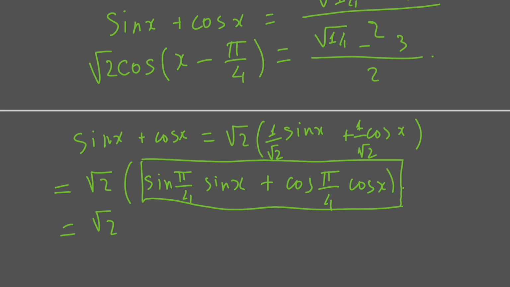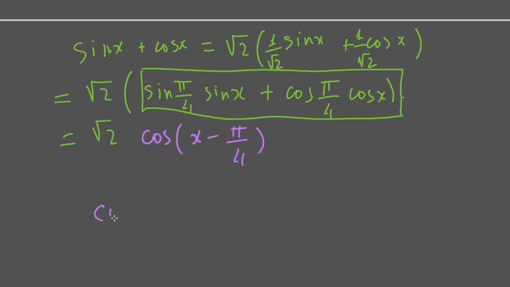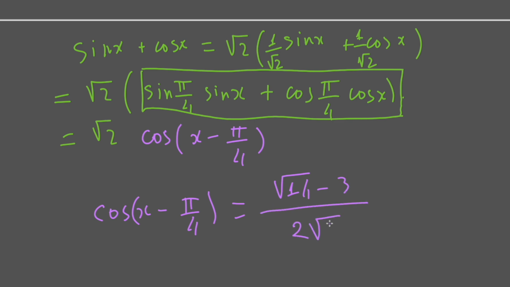Then it will become cosine of x minus pi over 4. Then we have cosine of x minus pi over 4 equal to square root of 14 minus 3 over 2 square root of 2.